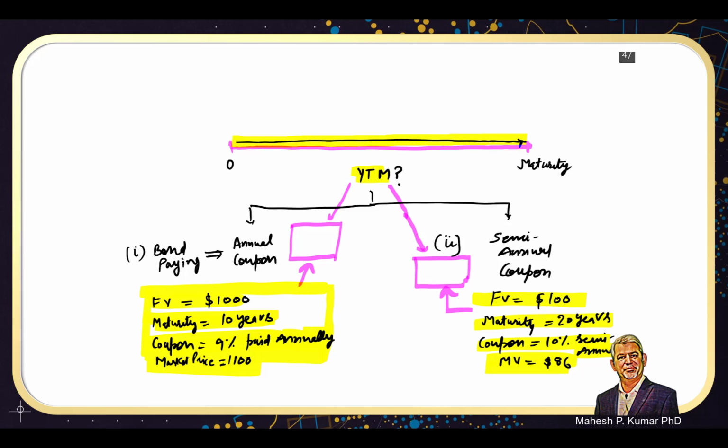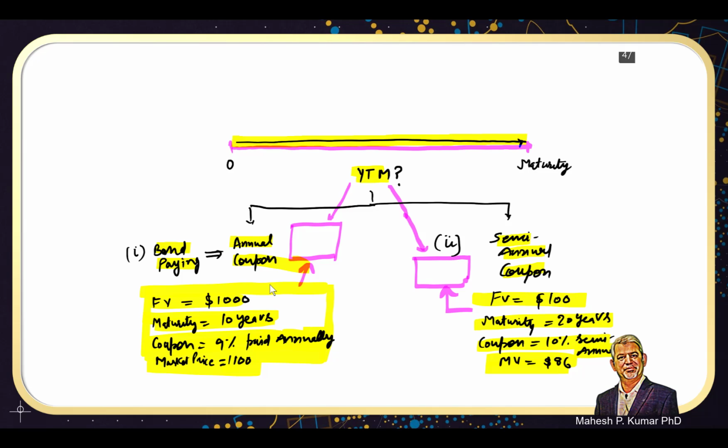Now, in order to calculate this, when you are reading a situation, the bond for which you are trying to calculate YTM may be an annual coupon paying bond, or it may be a semi-annual coupon paying bond. So you may be in one of these situations.